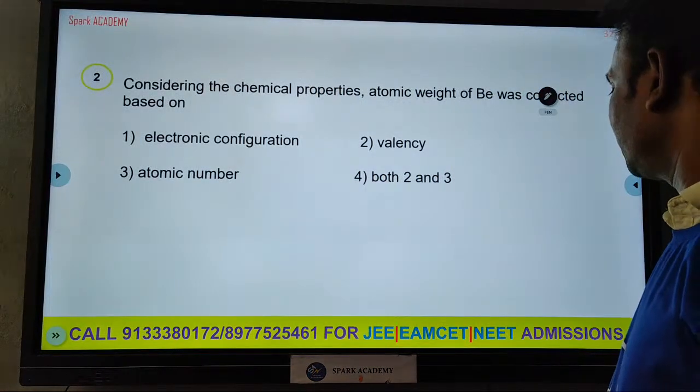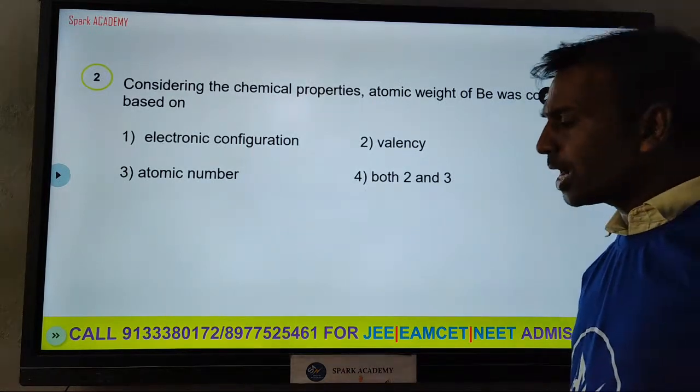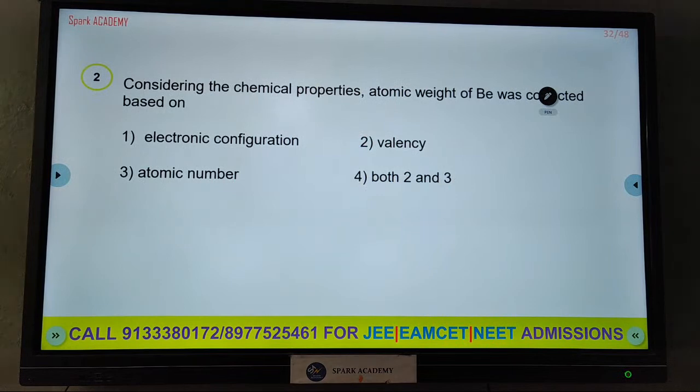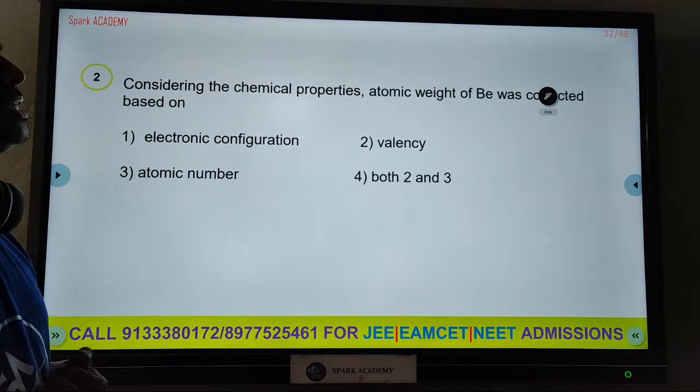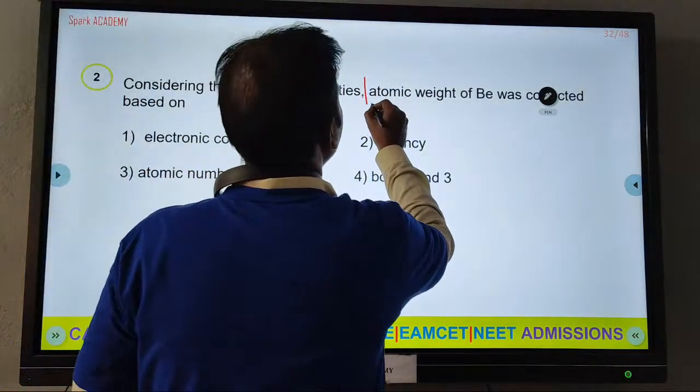Considering the chemical properties, the atomic weight of beryllium was corrected based on what?